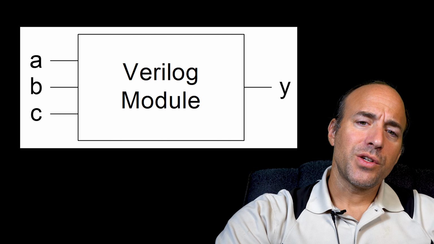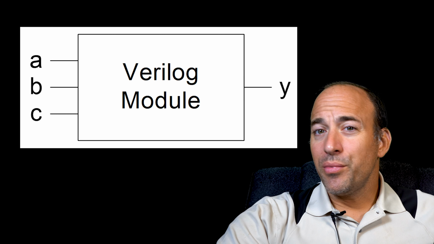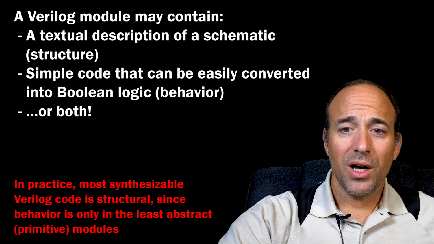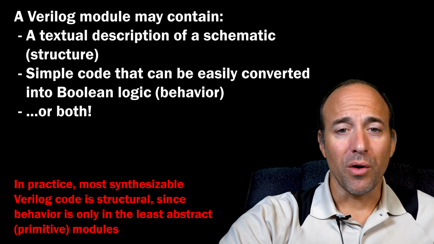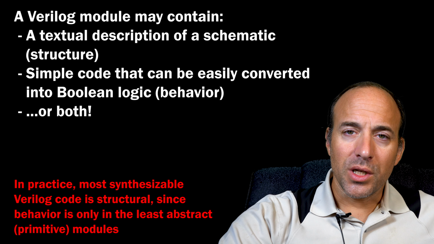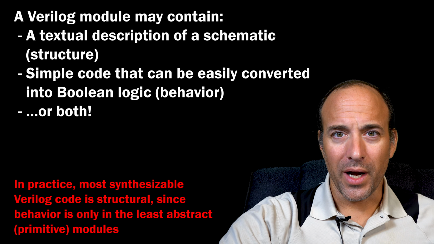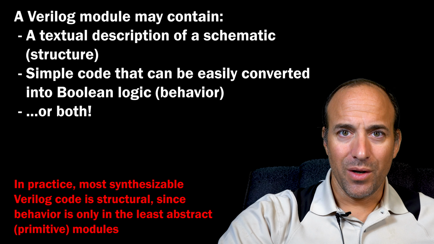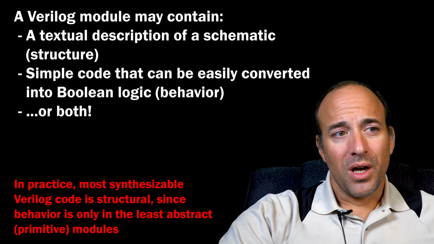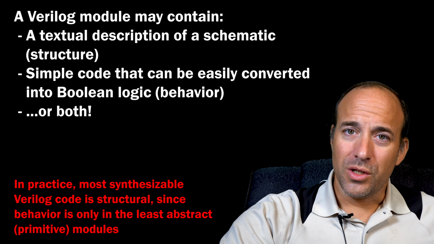A SystemVerilog module defines an explicit list of inputs and outputs. Internally, a module might contain structural HDL, behavioral HDL, or a combination of both. Structural HDL is an HDL description of a schematic. So it's equivalent to drawing a block diagram, but it's written in a high-level language. And it sort of resembles instantiating classes into objects as you do in Java.